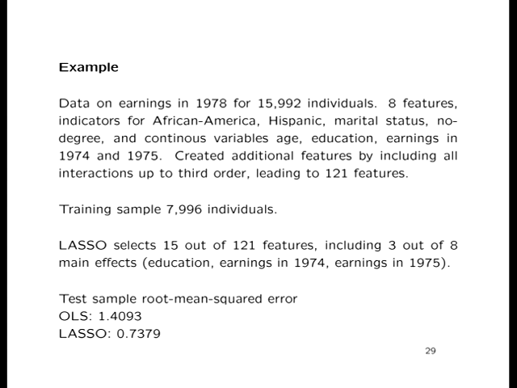And I created additional covariates by just including all third order interactions. So I had 121 covariates. I used a training sample of about 8,000 observations and a test sample of about 8,000 observations. And I compared OLS with all 121 covariates versus Lasso, which selected 15 out of the 121 covariates.